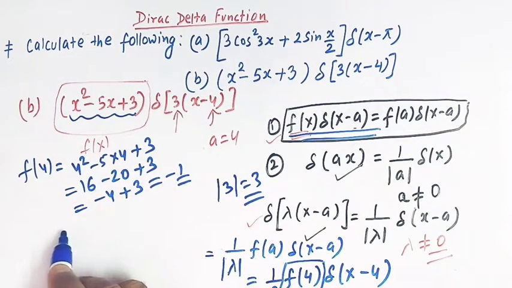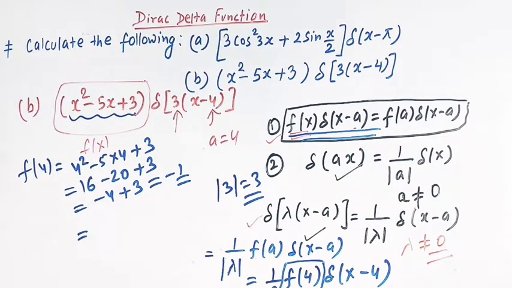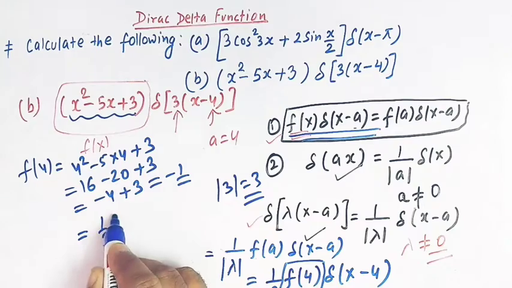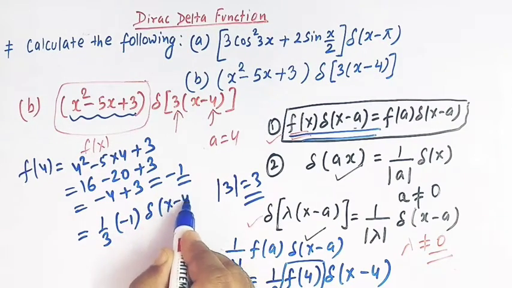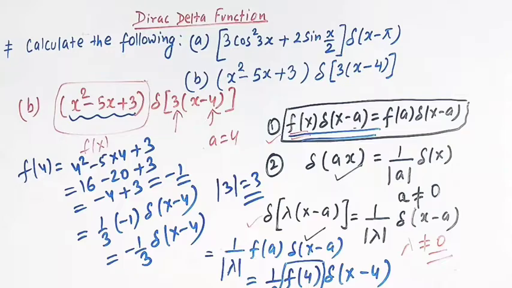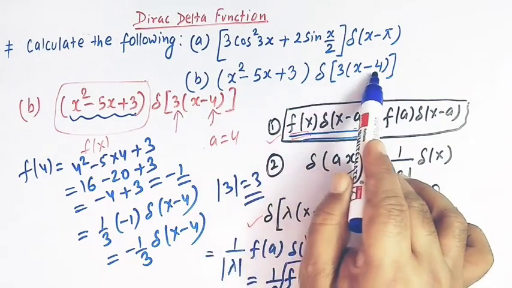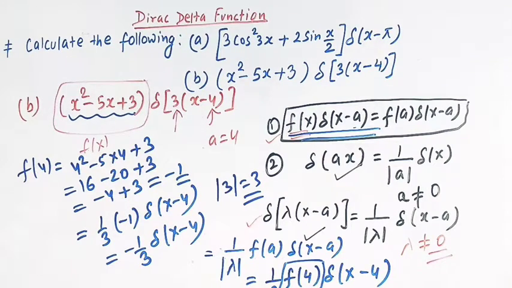So the value of this expression is equal to 1 over 3 times minus 1, then we have delta of x minus 4, right. So this is minus 1 over 3 delta of x minus 4, right. So the value of this expression is equal to minus 1 over 3 delta of x minus 4.